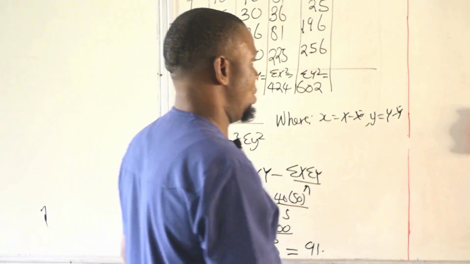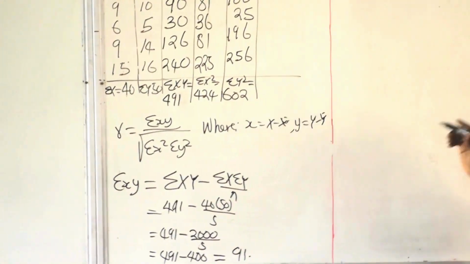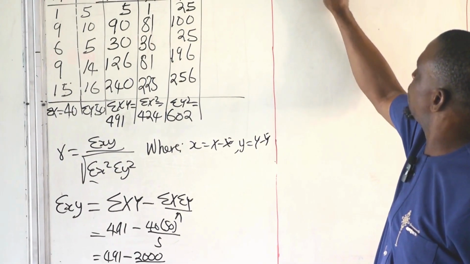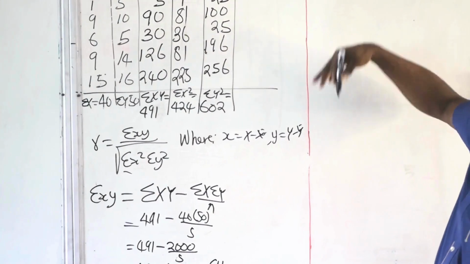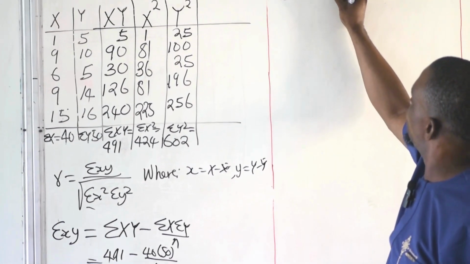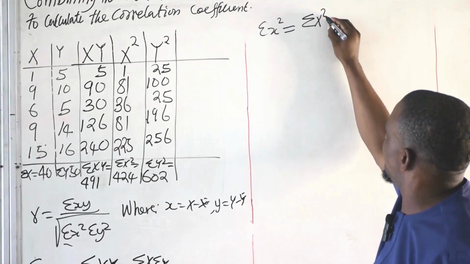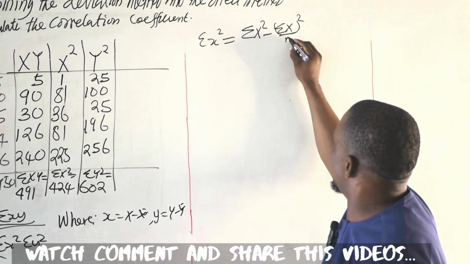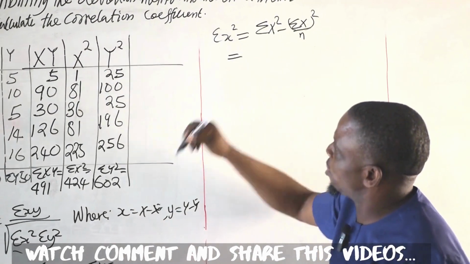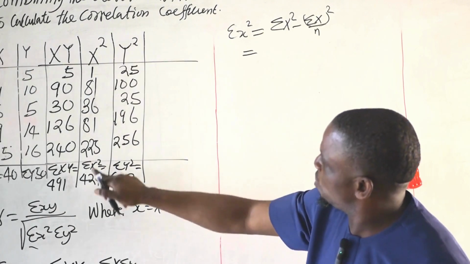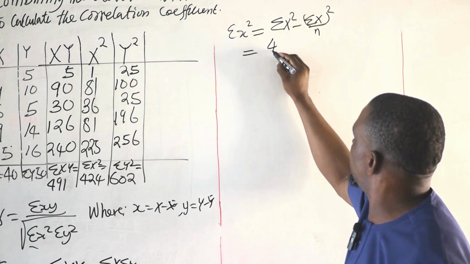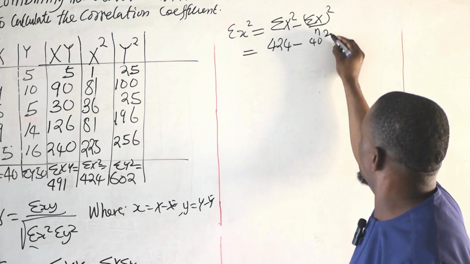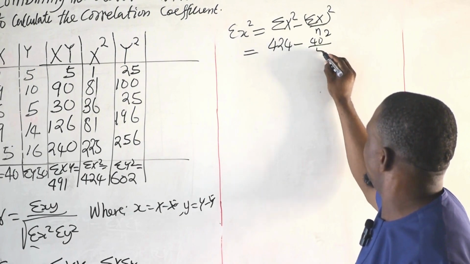Okay, now if we have gotten that, the next is to look at this. So our summation x square, from what we also derived previously, we saw that summation x square was equal to summation of X square minus summation X all square over n. And this is equal to, our sum of X square from here is what? 424. So this is 424 minus our sum of x is 40, and then we'll square it because of this, all over our n is 5.